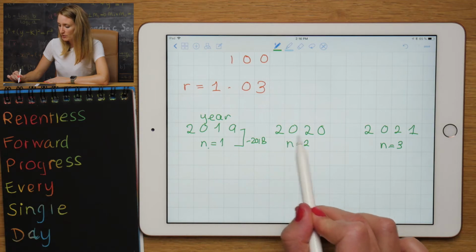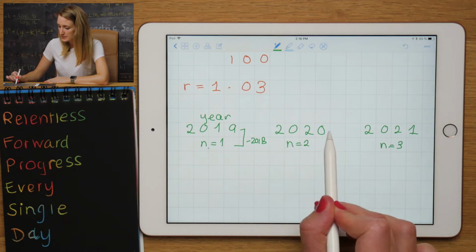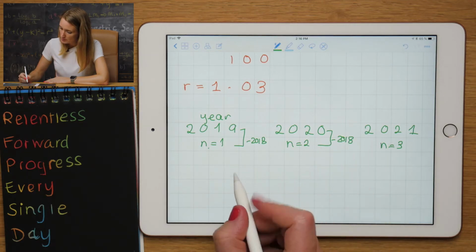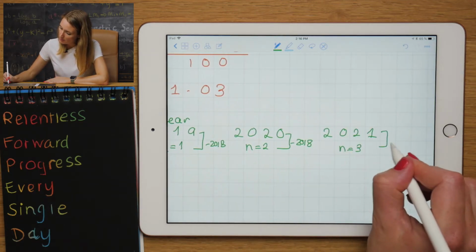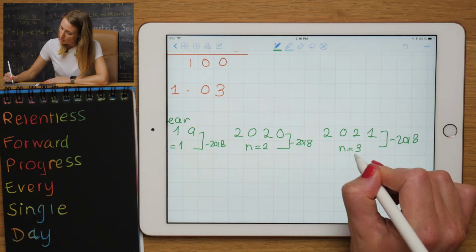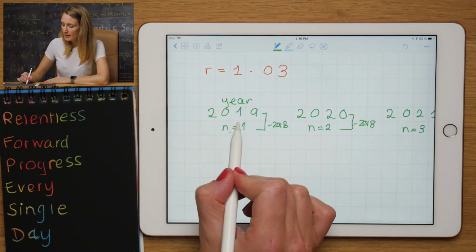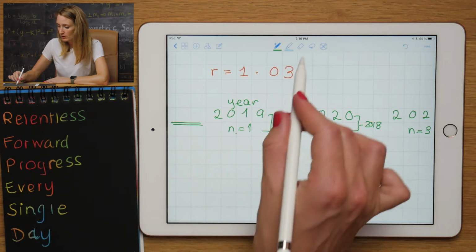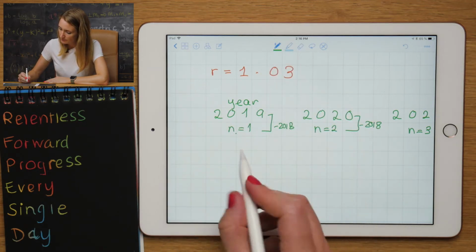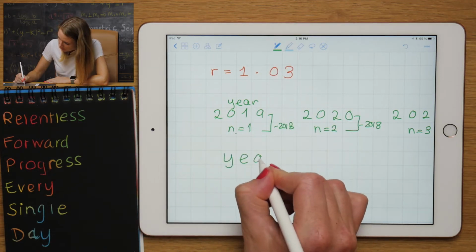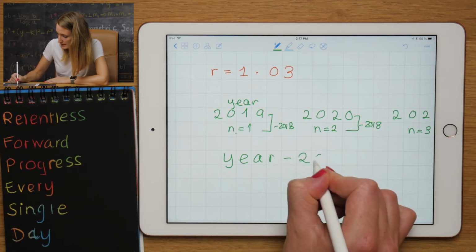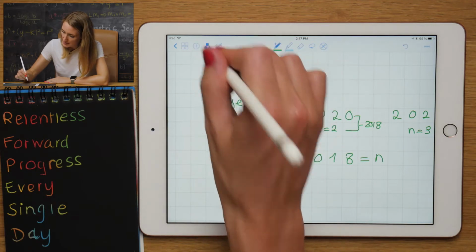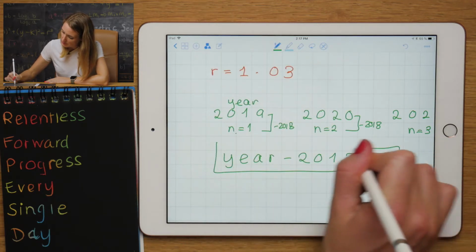So for example, 2020 minus 2018 would give me 2. Or 2021 minus 2018 will give me 3. And that number is always 1 before. So let's write that formula down. Year minus 2018 equals n. And you're going to keep that safe for the rest of the question.